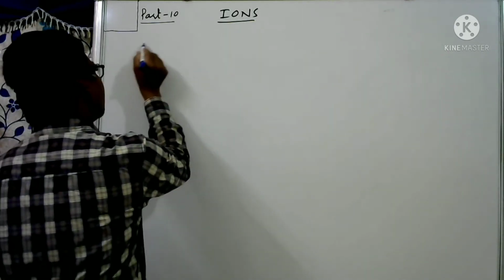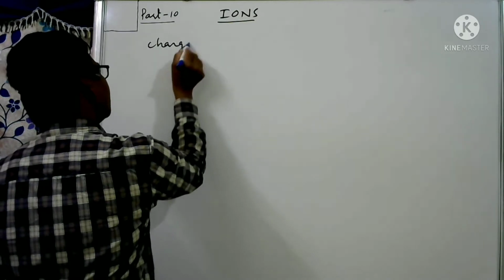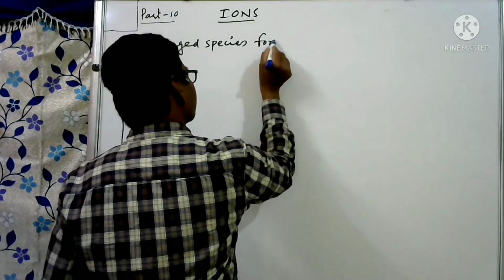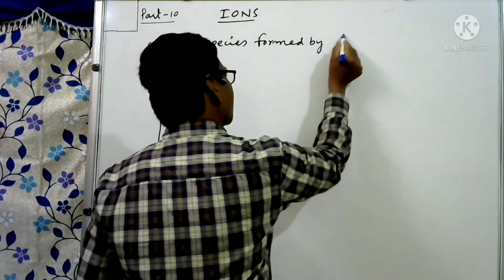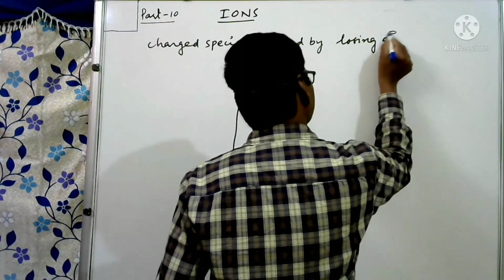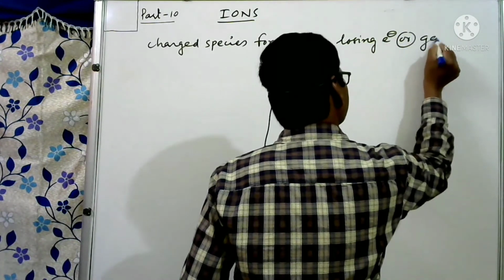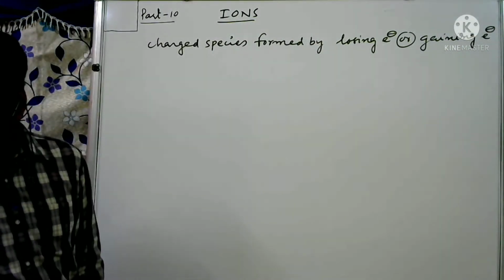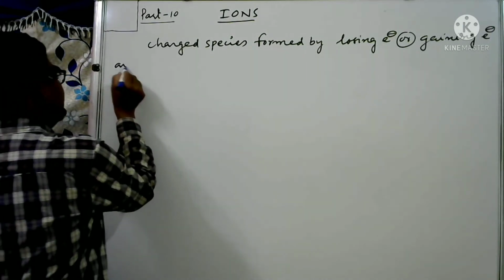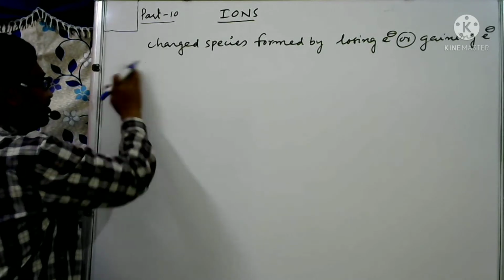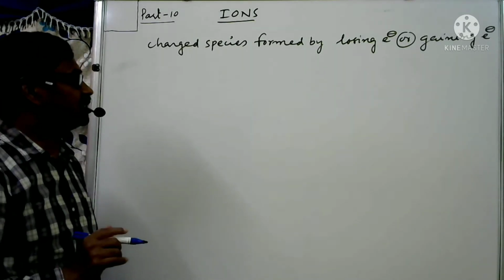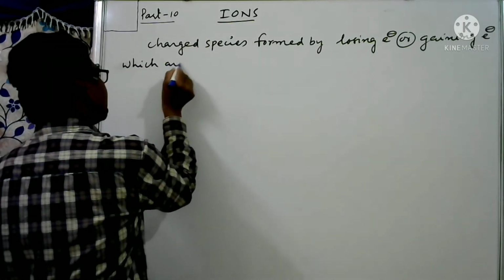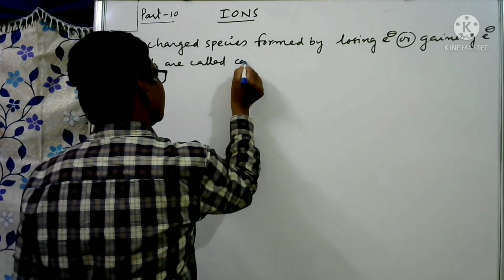Simply, this is enough: charged species formed by losing electrons or gaining electrons are called ions.